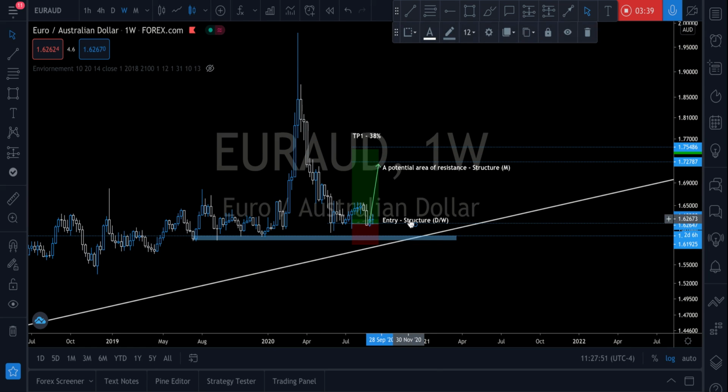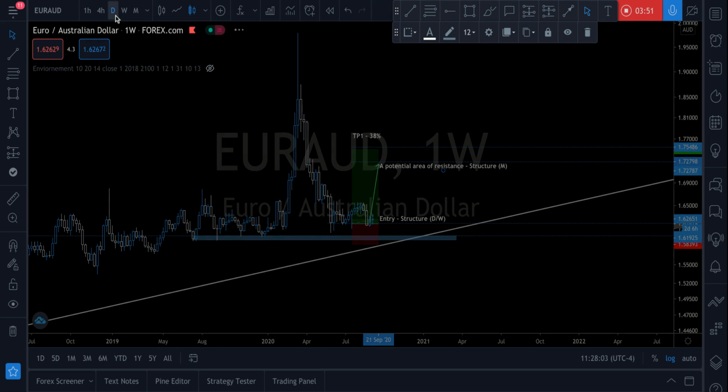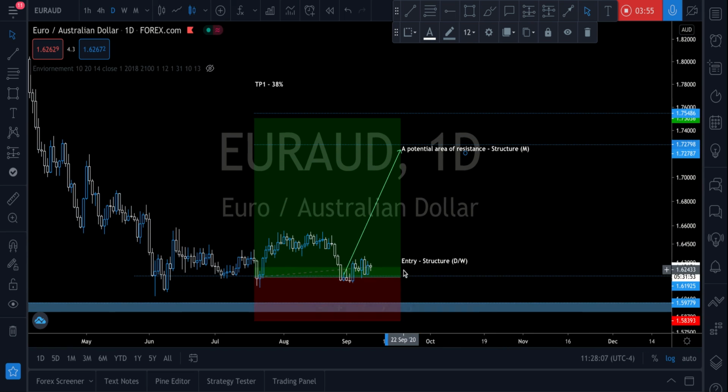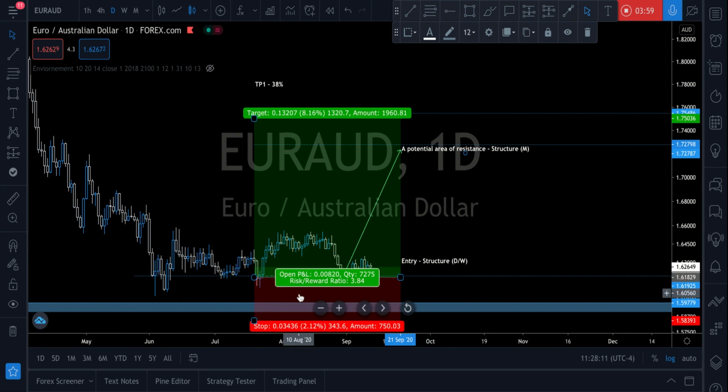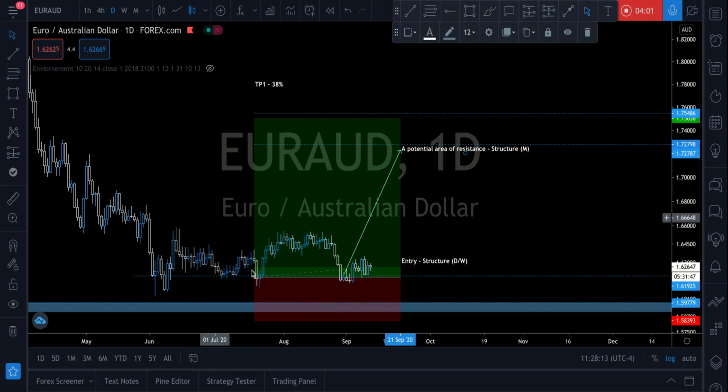Why did we say, I mean, we saw structure here. I'm unsure exactly. I don't remember exactly why we did it. I know there was a structure in the daily time frame. It does say daily. So basically, we had just some structure consolidation occurring right here.